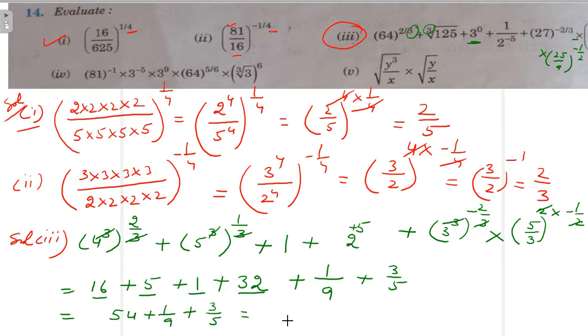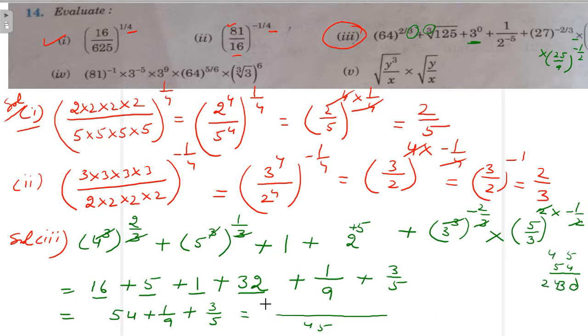So we will take LCM of it as 9 5s are 45. So multiply 45 by 54. If we want to multiply 45 by 54, do it in the rough work. 4 5s are 20, 4 4s are 16 plus 2, 18 plus 25, 18 plus 25 is 43, 5 4s are 20, 20 plus 4, 24.